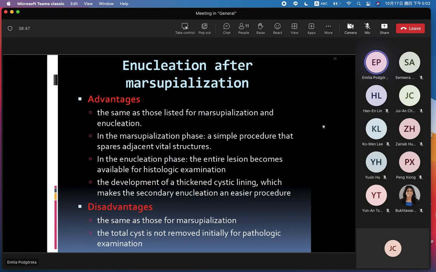The development of a thickened cystic lining makes the secondary enucleation an easier procedure. And we have some disadvantages, the same as those for marsupialization. The total cyst is not removed initially for pathological examination.